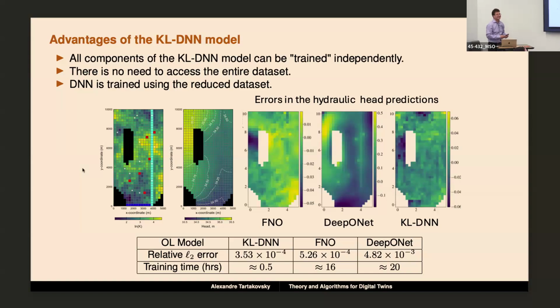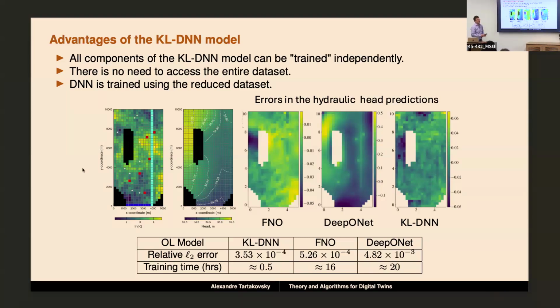Very practical question: how many simulations did you have for this particular problem? Right. In this example, I think we had 2,000 simulations. And this is a 700 dimensional problem in the sense that there are 750 nodes in the numerical model.